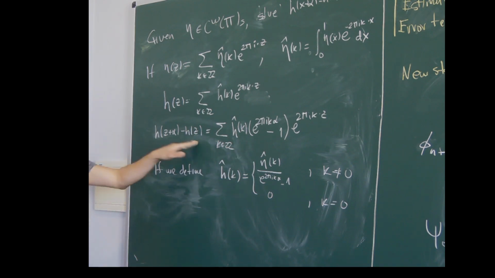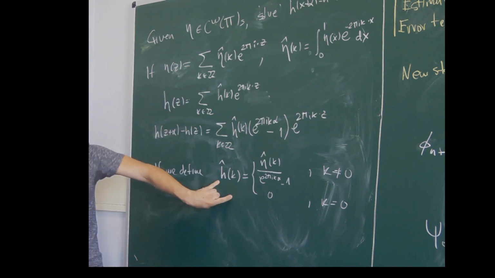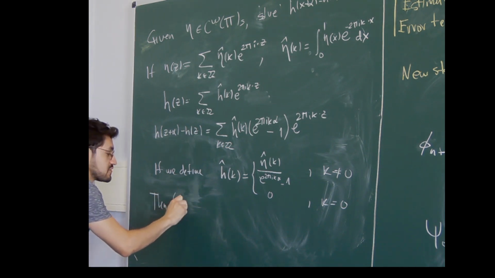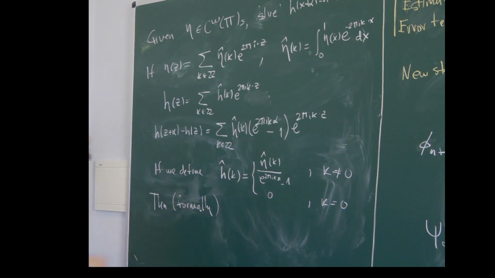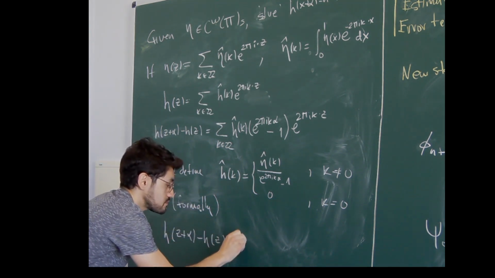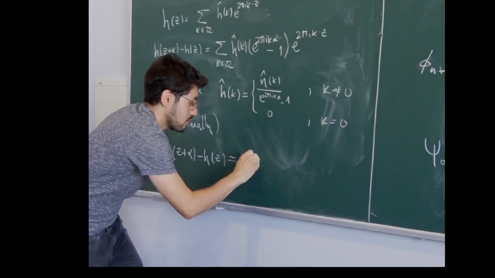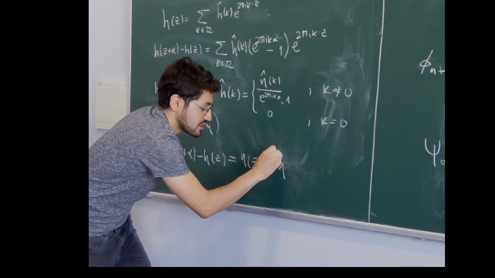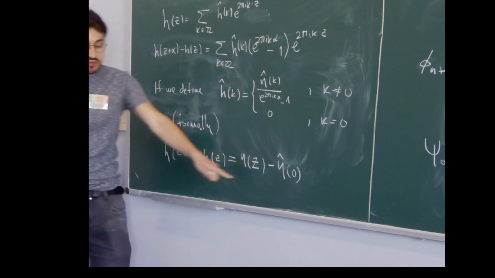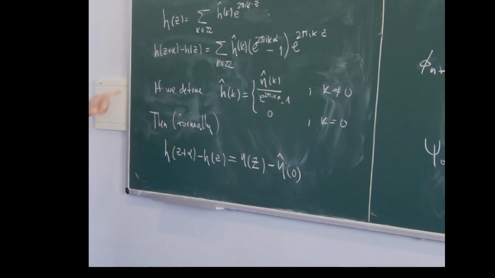It's just the average, and I'm just removing it twice. So if I define this function like this, at least formally for the moment, then h(z + alpha) - h(z) will be equal to my function minus its average. I will not be able to kill the average of this function because this has zero average. But at least formally, this would happen. So I have my solution.